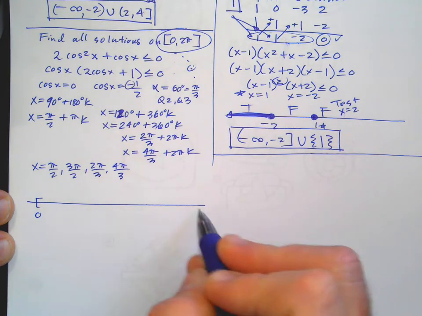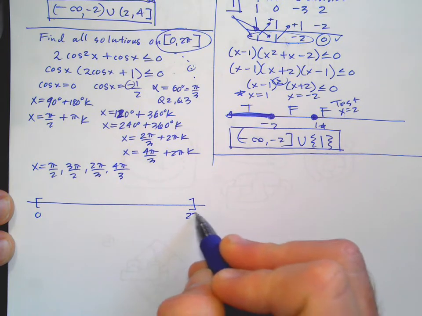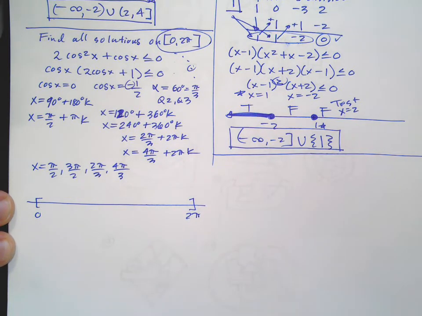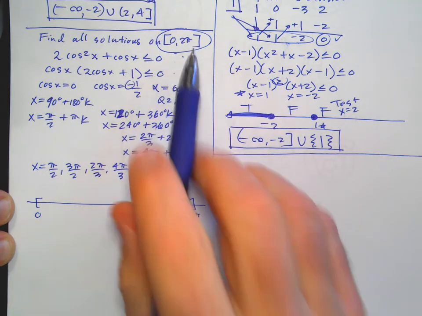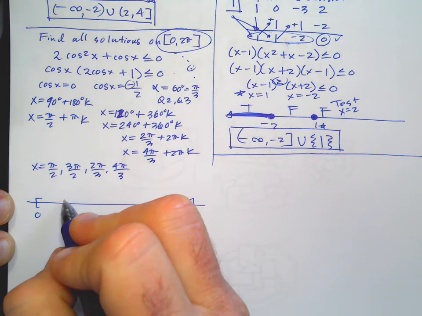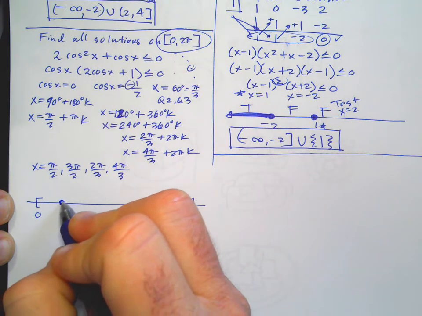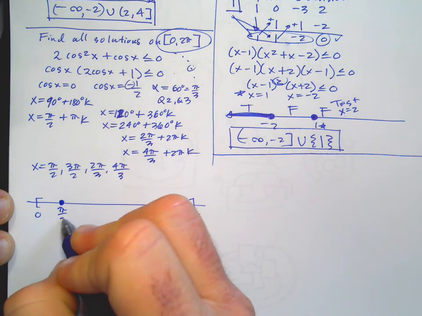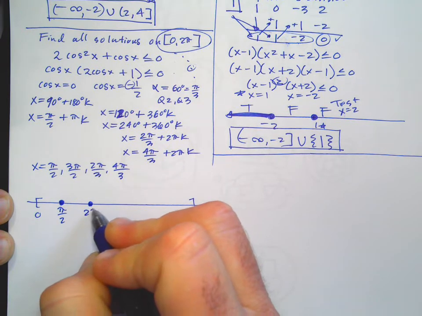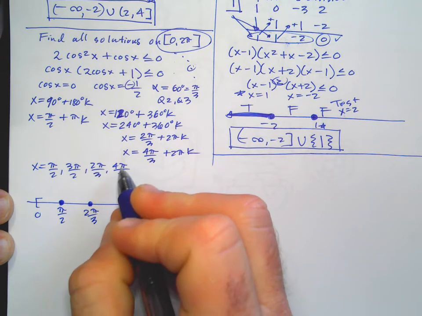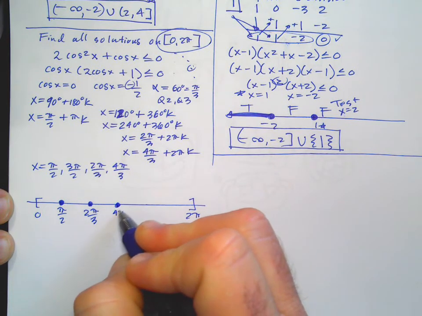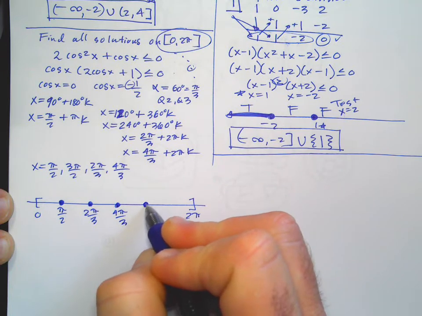What I do is I like to put the domain of the problem on here with these brackets. These will all be solid dots. Pi over 2. 2 pi over 3 should be next. It's not quite pi. And then 4 pi over 3 and 3 pi over 2.